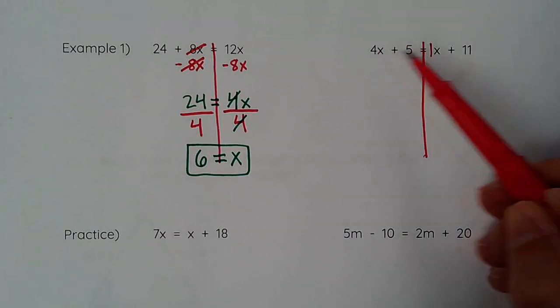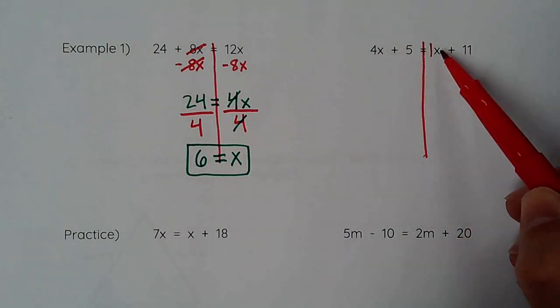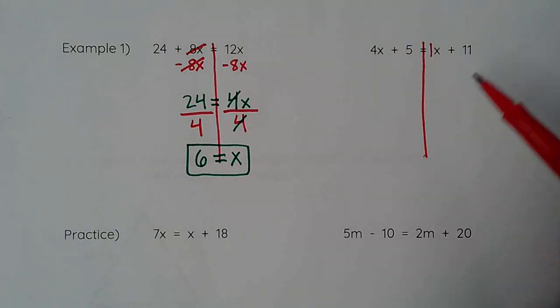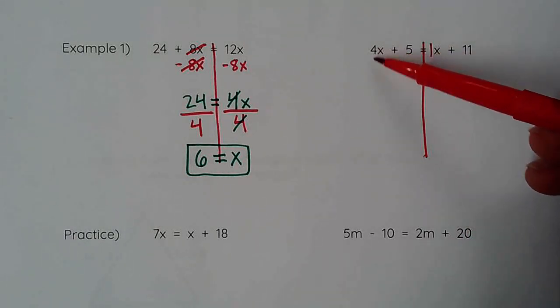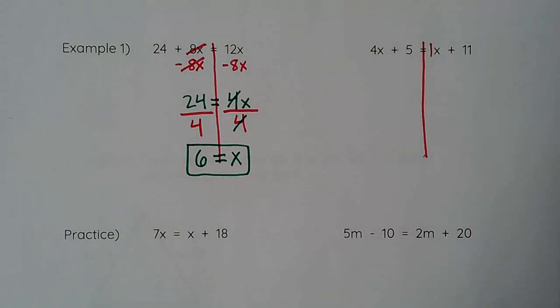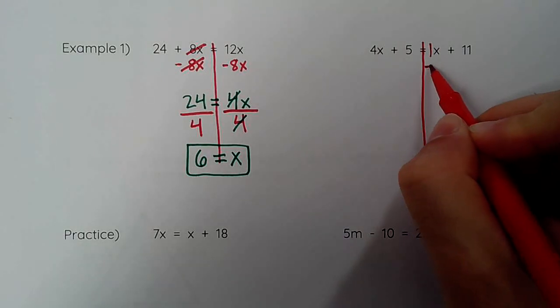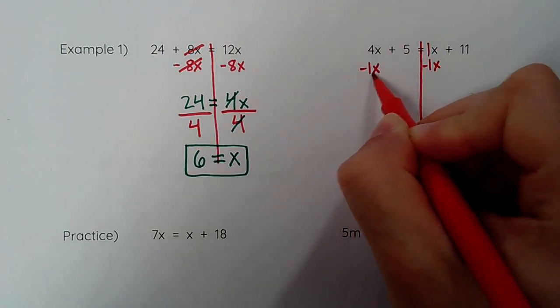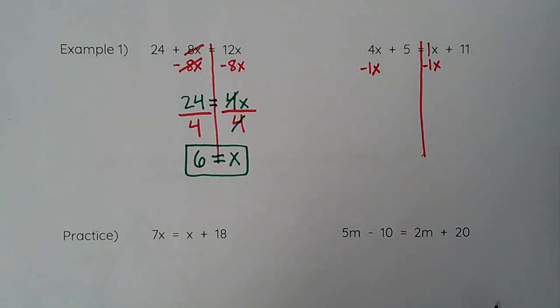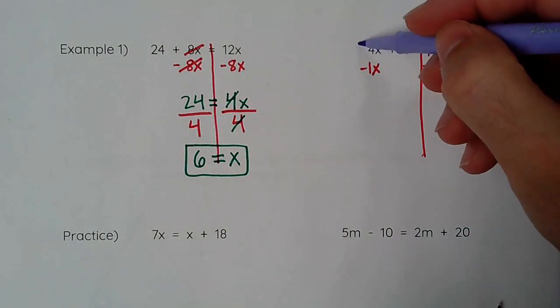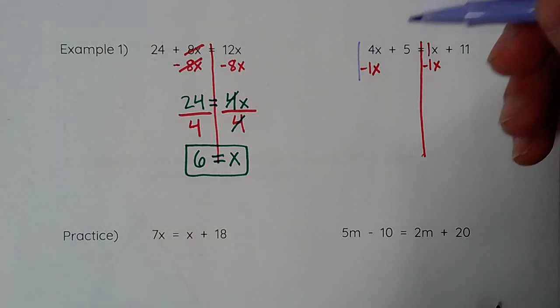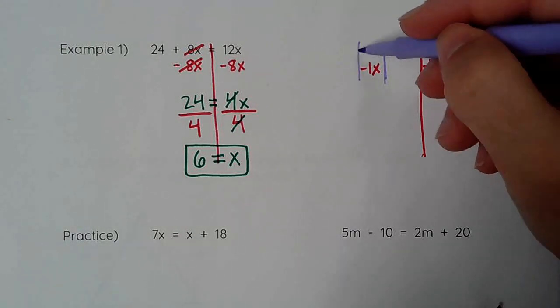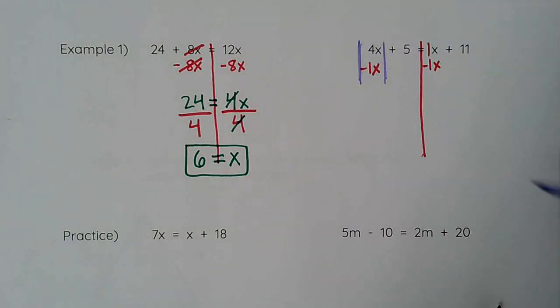All right, so what do I want to do here? These are both positive, so I have to subtract them to move them. Do I want to end up doing 4 minus 1 or 1 minus 4? Well, 4 minus 1 is going to keep me a positive coefficient. So I'm going to take away 1x on the right and take away 1x on the left. When I do this, if I'm taking x's away from x's, I write them above each other just to keep it a little more organized.